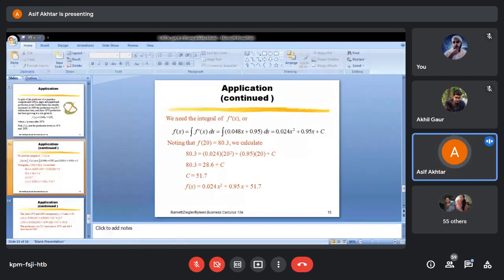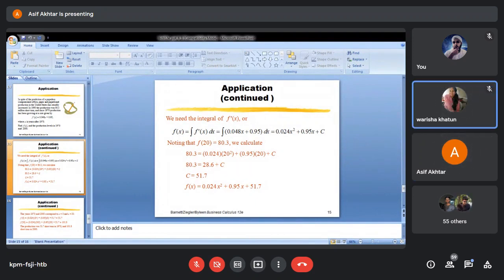Now 0.048x. Which rule you have to apply? कौन सा rule यहाँ पे लगेगा? Second rule, the constant k multiplied with x raised to the power n. So here it is 0.048 and x raised to the power 1. So that will make it 0.048 x raised to the power 2 divided by 2. That makes it 0.024 x square.